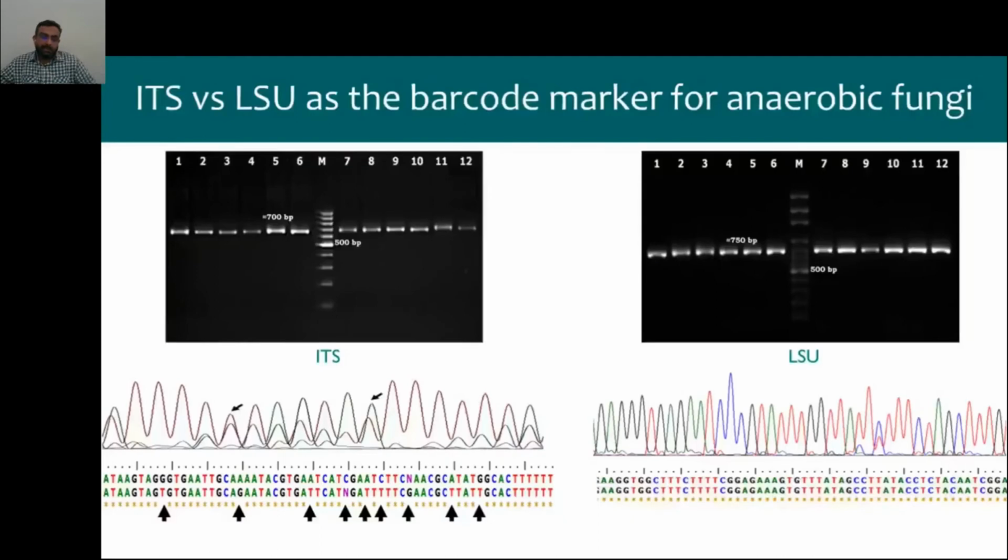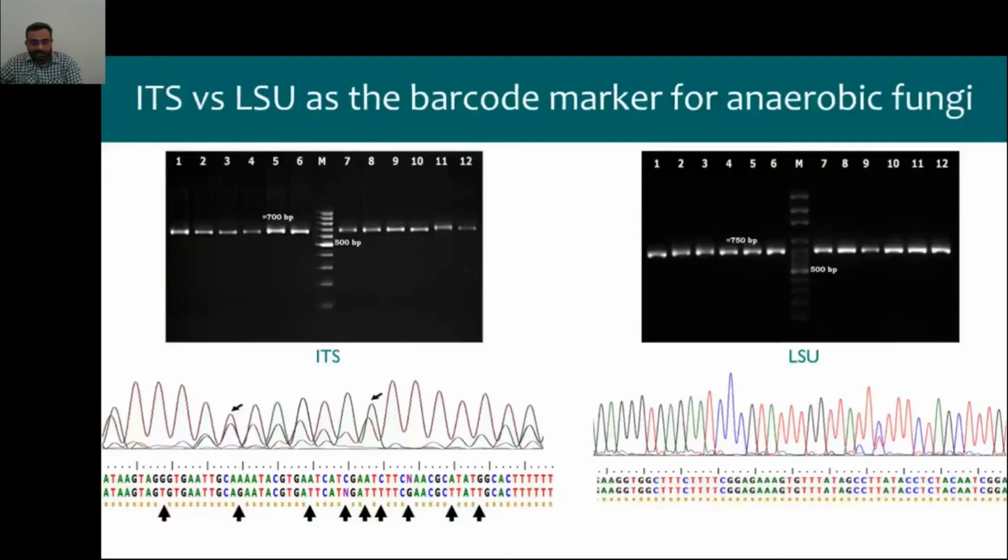For this purpose, we selected the D1, D2 domain of the large subunit ribosomal DNA. The same region was also used earlier by Fliegerova and co-workers, and in one paper by Hausner in 2000 for RFLP based differentiation.